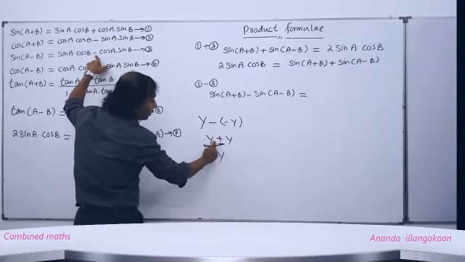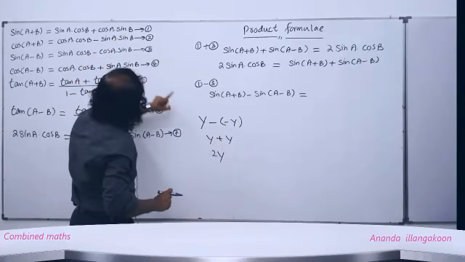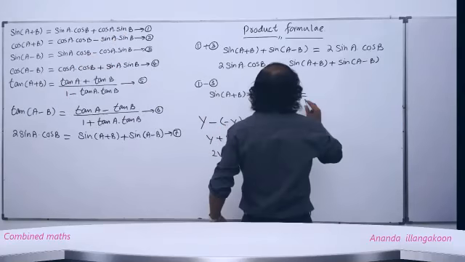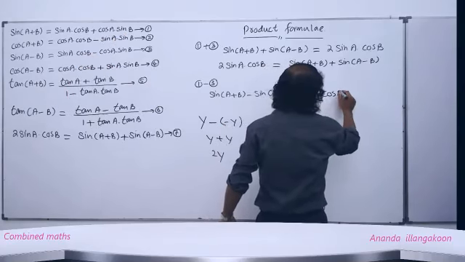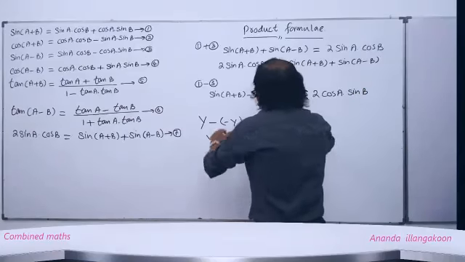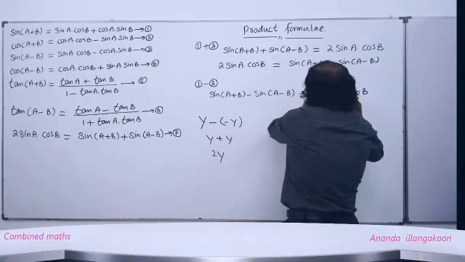Minus minus plus 2y. Y is what, people? Cos A sin B, no? Then this is 2 cos A sin B. So therefore, this one is equal to this, right?